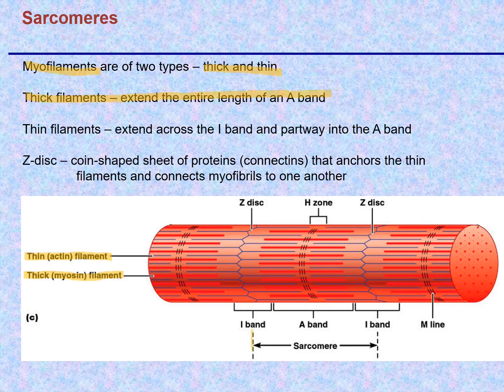Now, this area here, called the sarcomere, is the fundamental contractile unit in the muscle tissue. There's one sarcomere after another, all the way down the length of the myofibril.